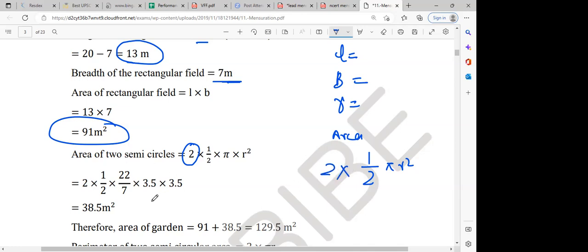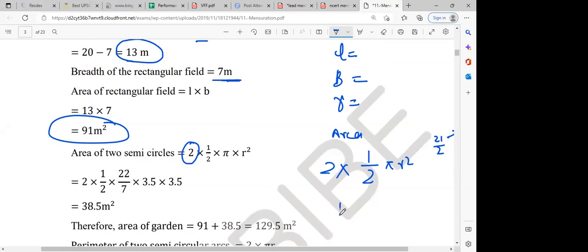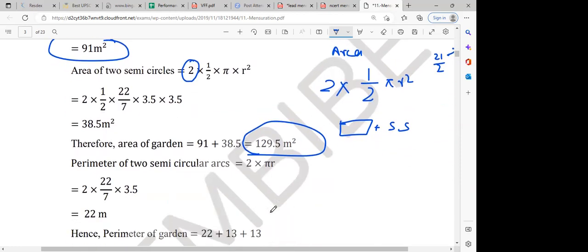You will put everything here. You know the value of pi, which is 22/7, and r square, r is the earlier one, 3.5. When you solve it, you will get the area of two semicircles. Now if you have to find the area of the garden, you will add the area of the rectangle and the semicircles.